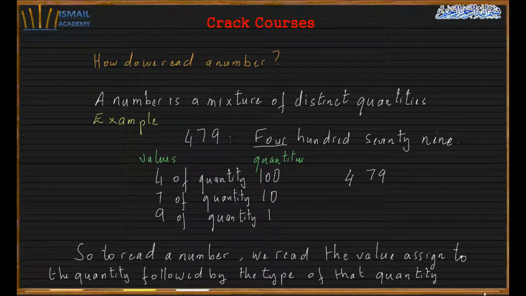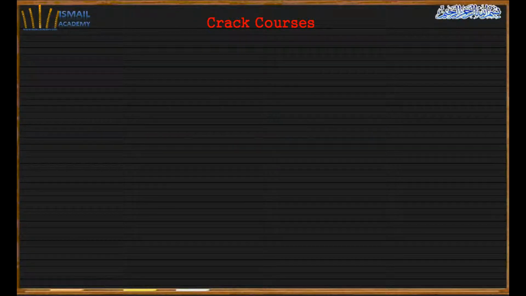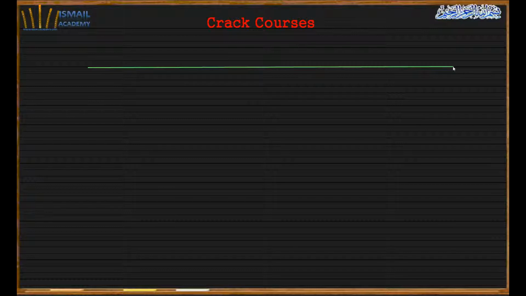Now let me draw for you the table of quantities we use for numbers. In fact, it's identical to the place value table. Here we have ones. On the right side we use the fractional part, and here we have the greater quantities.